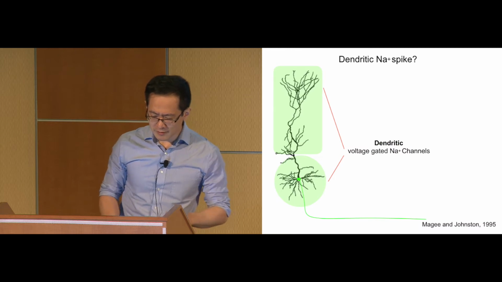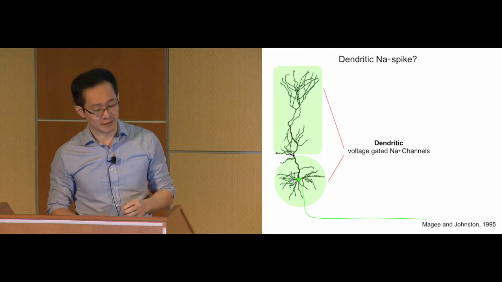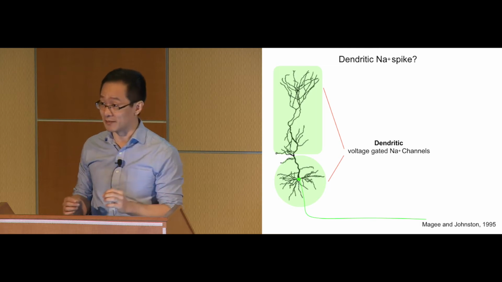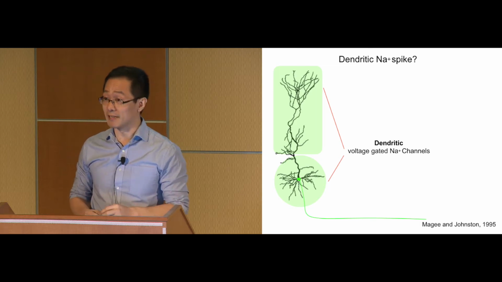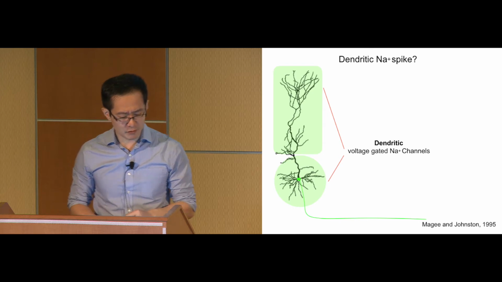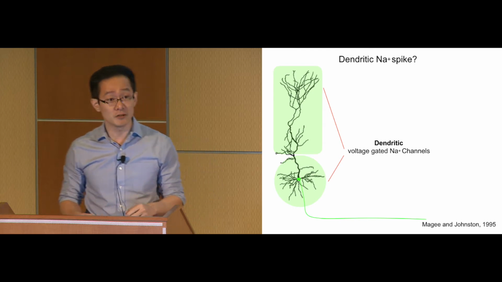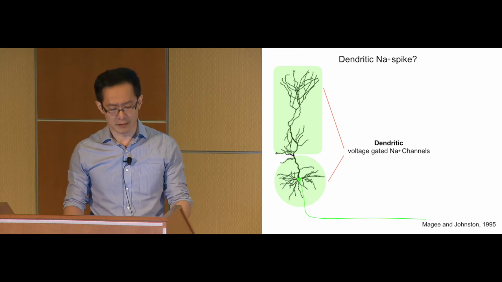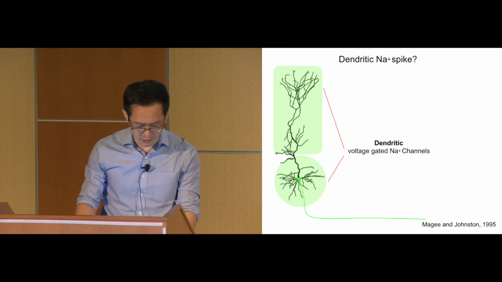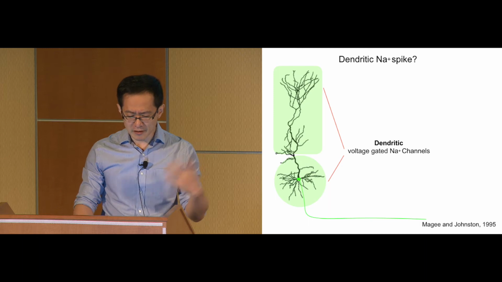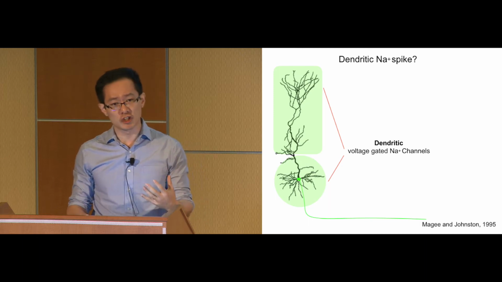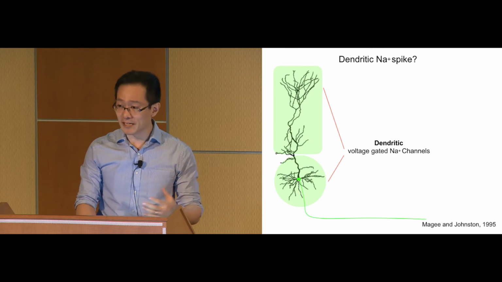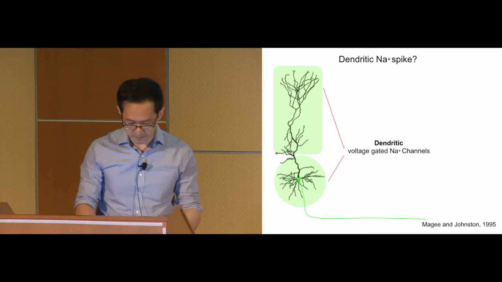It has also been observed that voltage-gated sodium channels are expressed at high levels on the dendrites. That's really counterintuitive, because dendrites were viewed for a long time as passive integration zones for neurons. These voltage-gated channels made people wonder whether dendrites process information in a nonlinear manner as well.